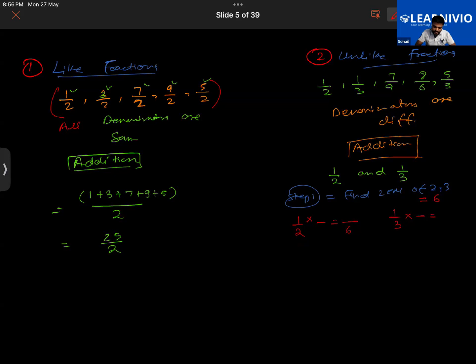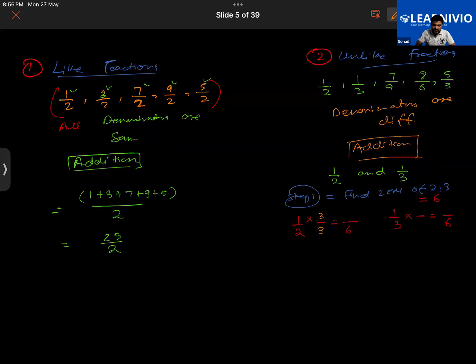So you tell me, 2 should be multiplied with which number so that it becomes 6? Times 3. Okay. So you will be multiplying the numerator also with 3, because you can't leave it empty over here.